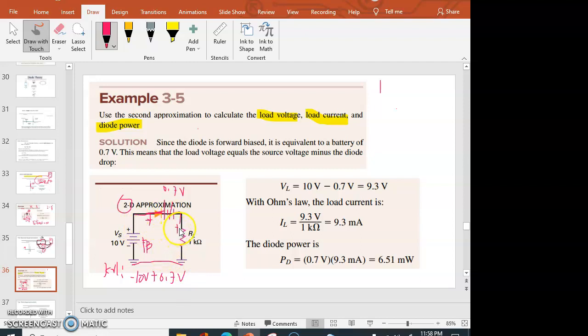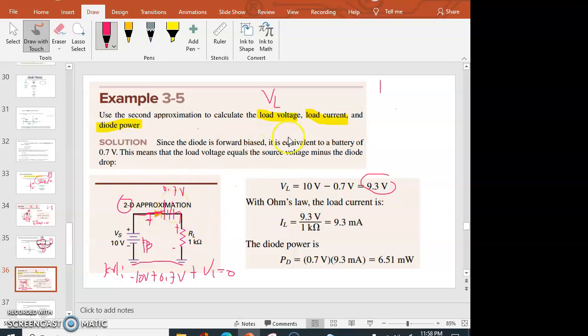The polarity of the load is positive, negative, so we enter the positive VL, equated to 0. As you recall, KVL means the sum of the voltages in a loop is equal to 0. Therefore, VL is equal to 10 minus 0.7, which gives a value of 9.3 volts. That is the voltage of the load under the second approximation, considering the barrier potential of the diode.